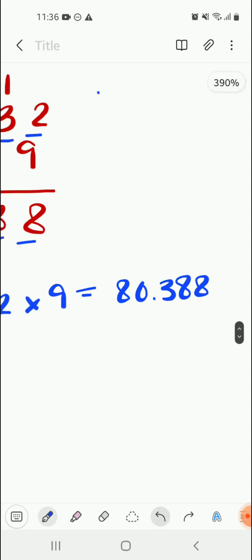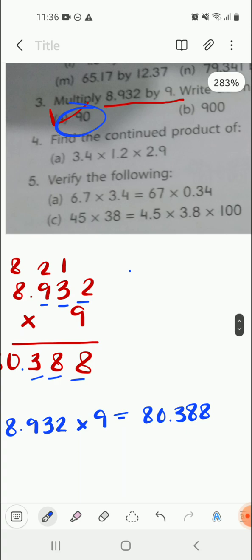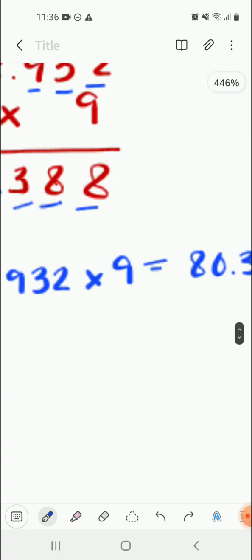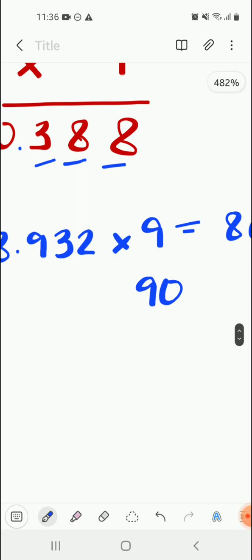Okay, now we are asked to find out the multiplication of the same number when it is multiplied by 90. So if you are multiplying it by 90, here a 0 is added, then what happens?